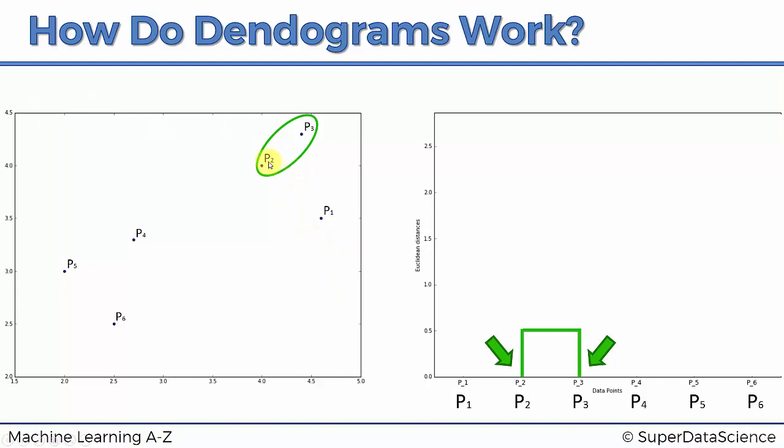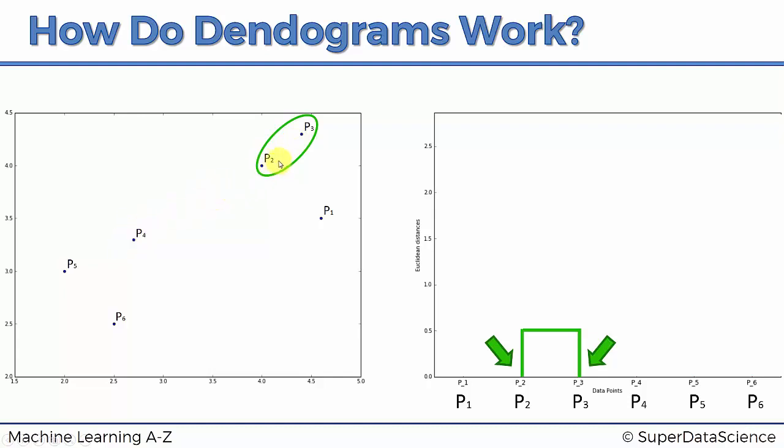So basically, we can see that P2 and P3 have that distance between them, whereas P2 and P4 have a greater distance between them. And that means that these 2 points, P2 and P3, have a certain dissimilarity, which is measured by the distance between them. So the distance represents the dissimilarity between the 2 points.